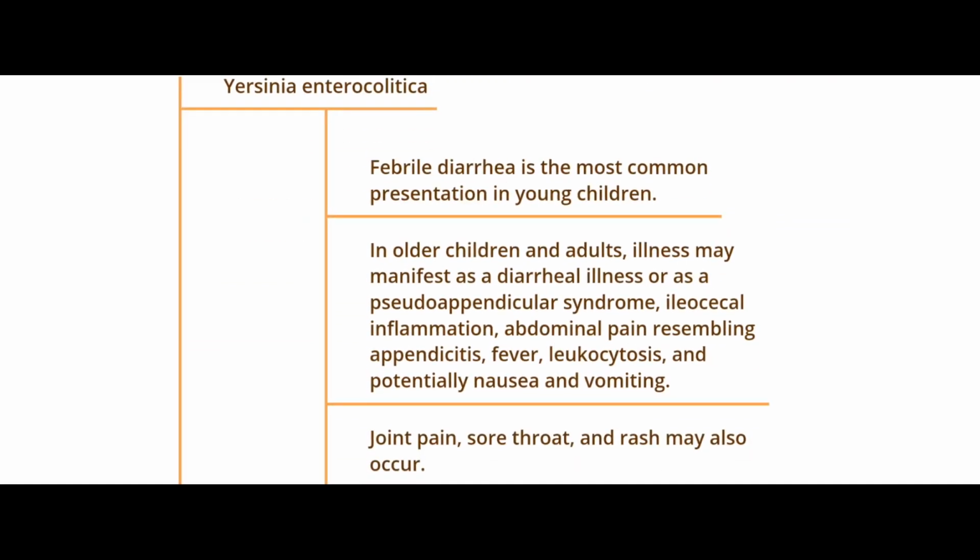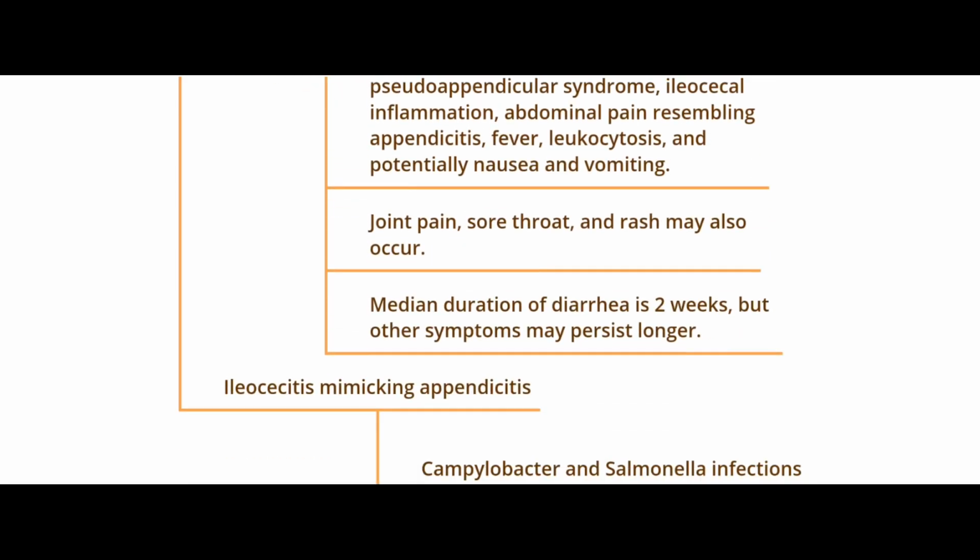Yersiniosis is a febrile diarrhea and it's most common in young children. In older children and adults, the illness may manifest as just a diarrheal illness or pseudoappendicitis syndrome. We can have multiple abdominal cramping syndromes, and it is sometimes mistaken for typhoidal fever. We have systemic symptoms associated, and the median duration of the diarrhea is 2 weeks.